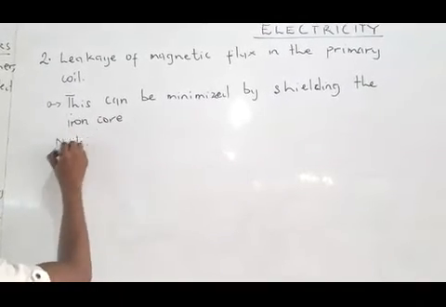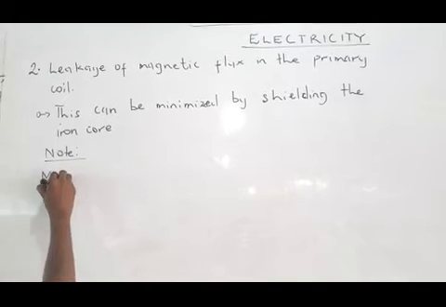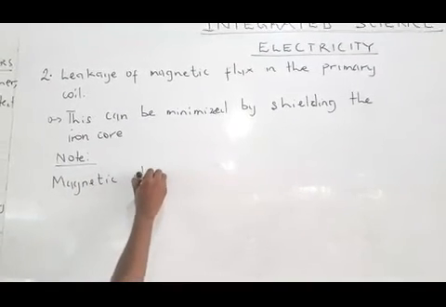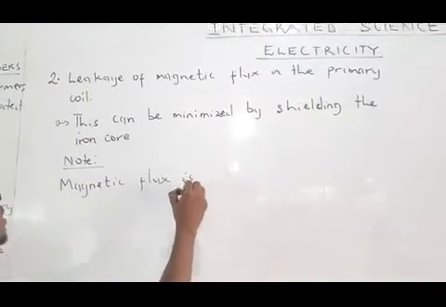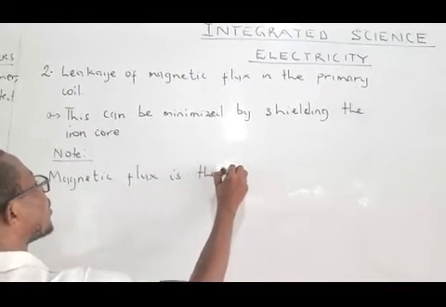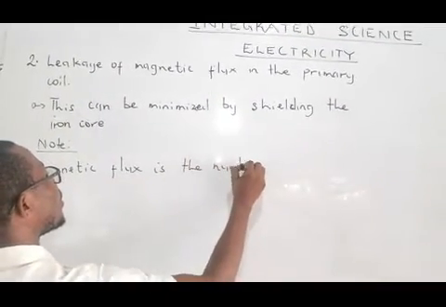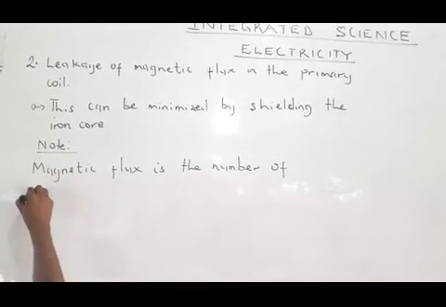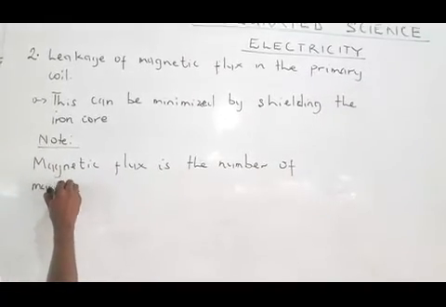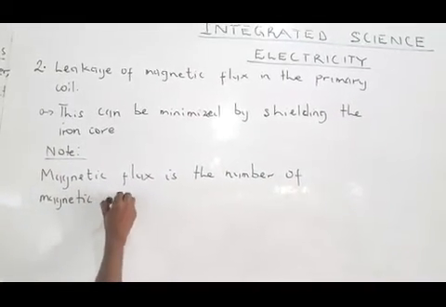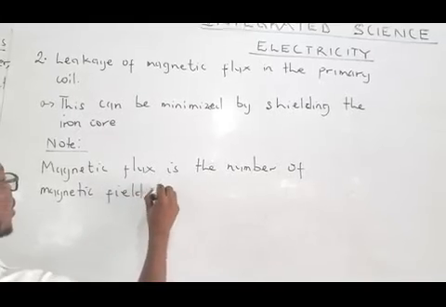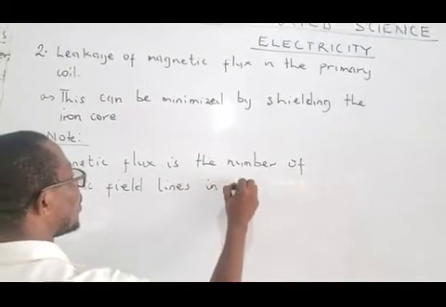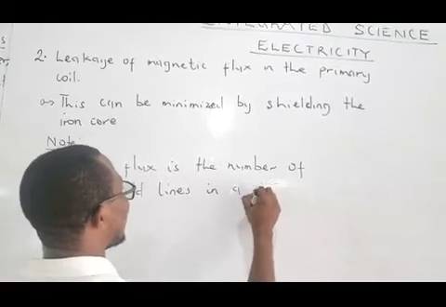As a note, say that the magnetic flux is the number of magnetic field lines in a given area.